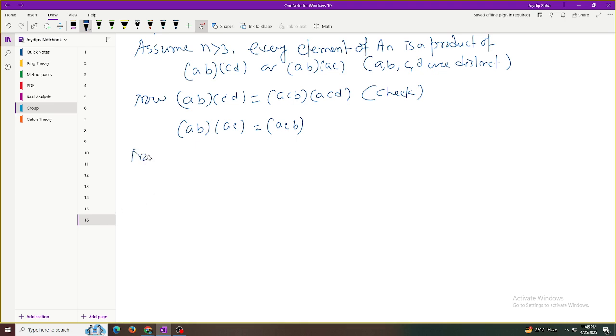Now any 3-cycle, R and S being fixed, is of the form RSA. If RSA, then it lies in the generator.